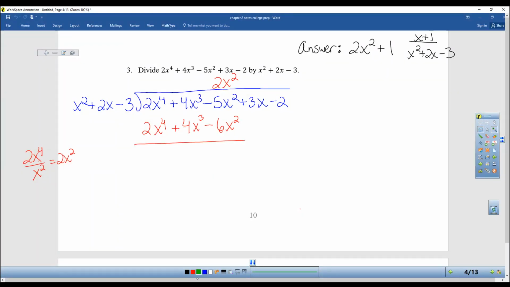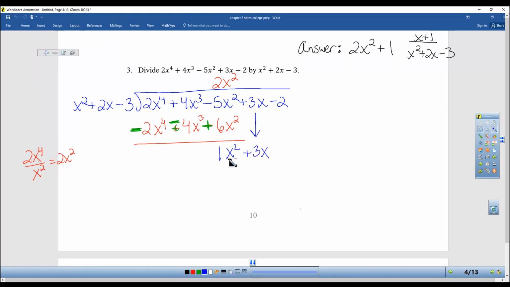I go through with a different color and I change all the signs. And then I add. This is 0. Ooh, this one canceled too. And then this one became 1x squared. I bring down the 3x.